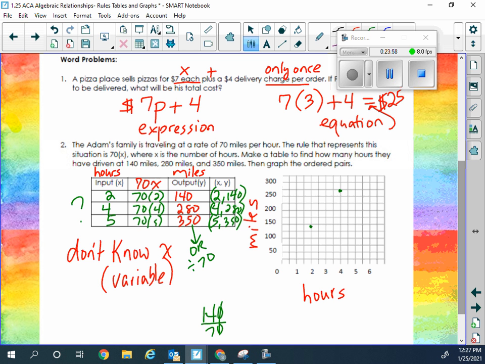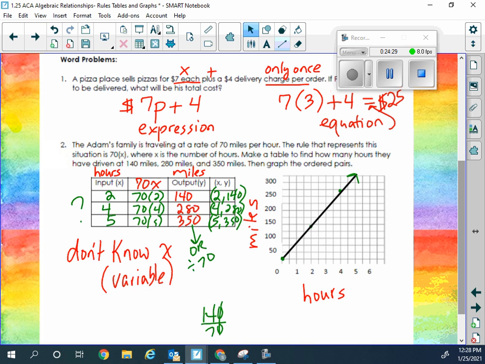So even if you're going to end up going 70 miles an hour, if you haven't gone any miles, you haven't traveled, you haven't gone anywhere. It's 0, 0. So I would also add that point here, because to make a straight line, we really do need 3 points, just to be sure. Okay, and then you could connect those. And we know that that 350 is off the chart. Okay? Okay. Questions, you guys?